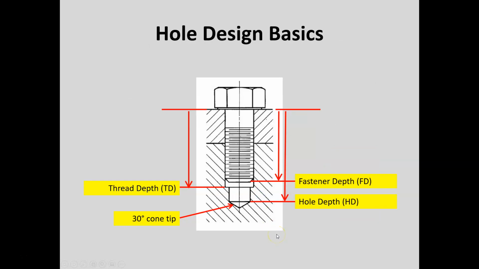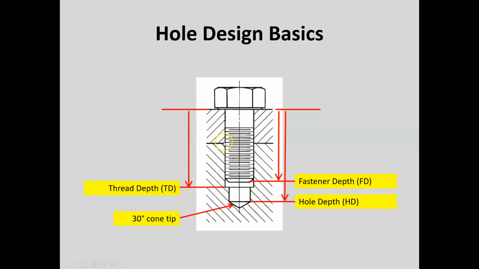So finally, in our hole design, there's a few dimensions that we need to know. When we're designing for a tapped hole, typically the operation would be to drill a hole this deep. So this is the drilled hole depth from here to here. Then we tap, and this is the part that's tapped.